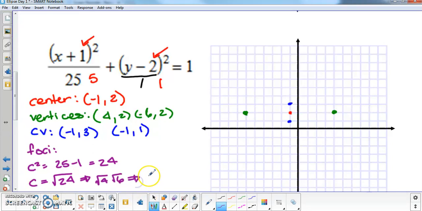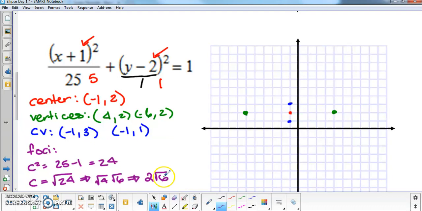The square root of 4 is 2. And so I've got 2 square root 6. If you're ever not 100% sure, you can plug whatever you simplified to into the calculator and see if you get the exact same decimal as you would for square root 24. If I put 2 square root 6 in the calculator and then I put square root 24 in the calculator, they would be identical decimals. So I know I did it right. I can always check that work.